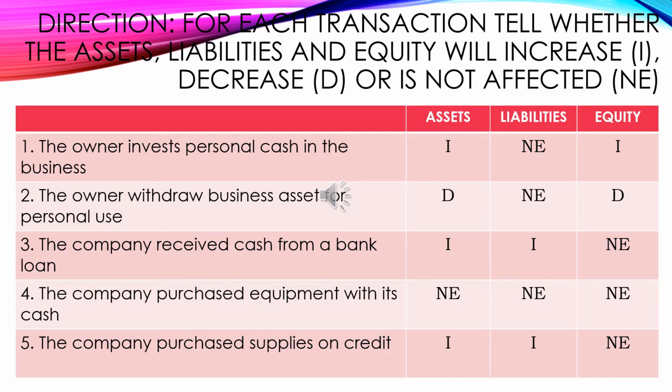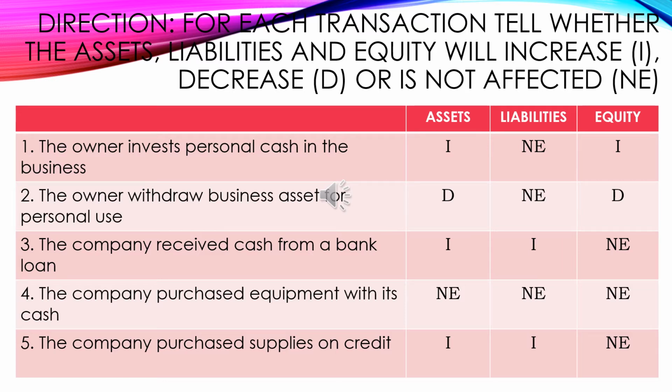So if there is an increase in asset, it could lead to a corresponding increase in equity or liability. So in no case can you see a transaction wherein assets increases and equity or liability will decrease. So it's always balanced.